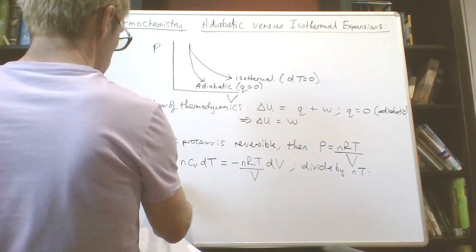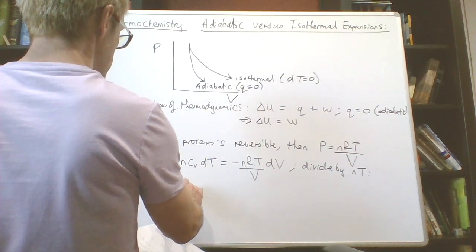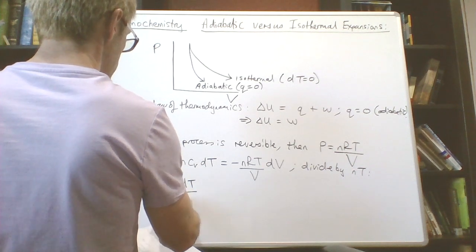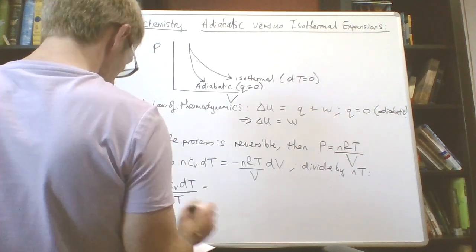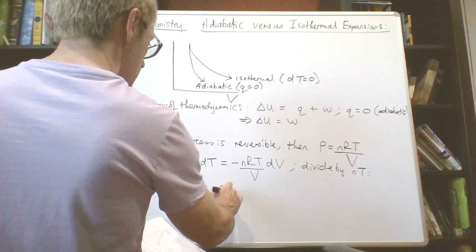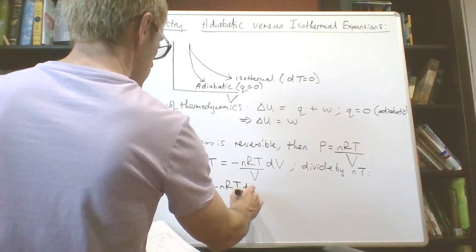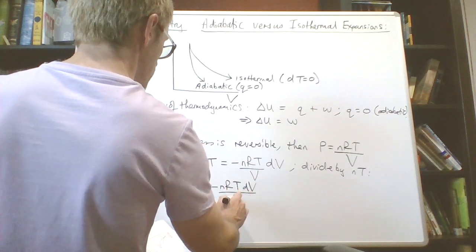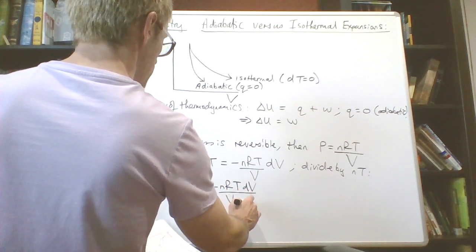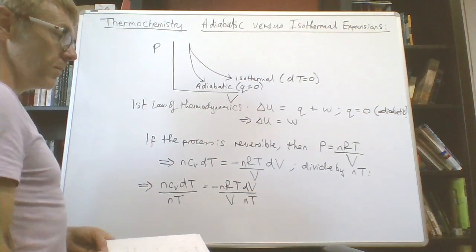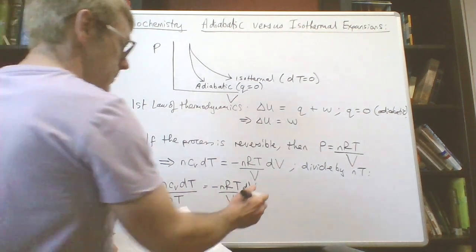So we've got nCv dT over nT. We've got minus nRT over V dV, multiplied by, divided by nT. So I'm dividing both sides by nT.